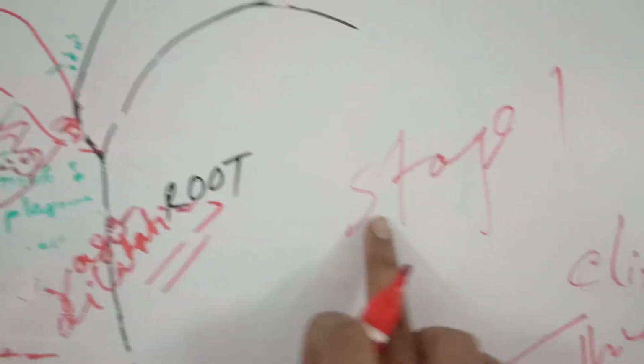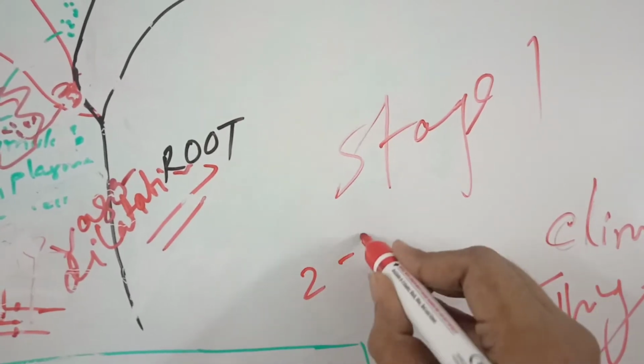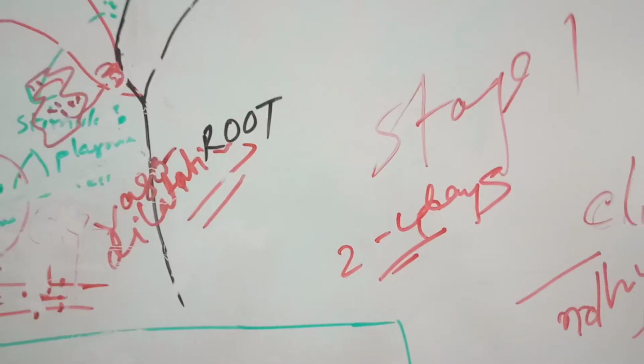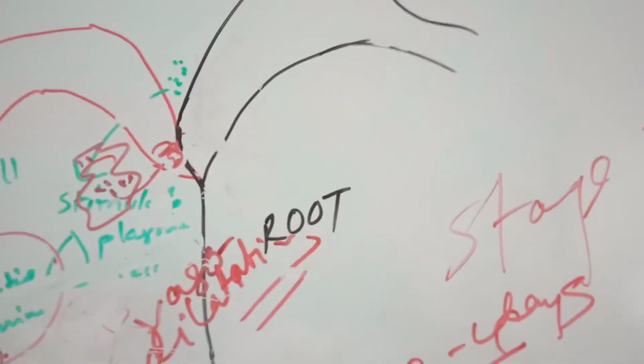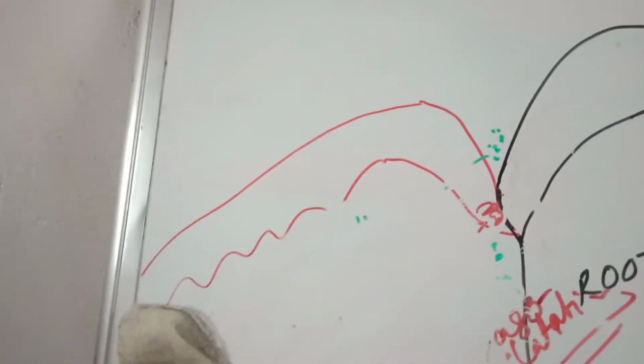And this stage 1 happens if there is plaque accumulation for 2 to 4 days. Then what will happen if this inflammation is not resolved? That means after 4 to 7 days, what may happen?